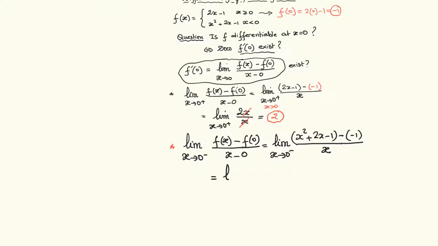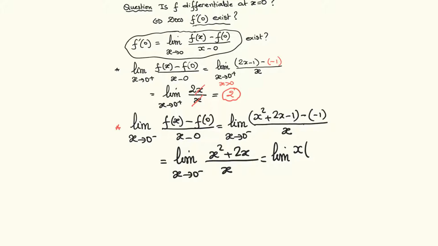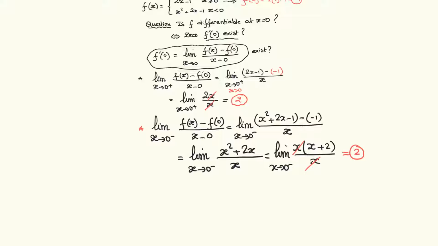And now this expression, minus 1 plus 1 will go, so it will be x squared plus 2x over x, which we can factor. The numerator can be factored into x times x plus 2 over x as x goes to 0 minus. Now this x and this x will go, and this limit is also equal to 2.